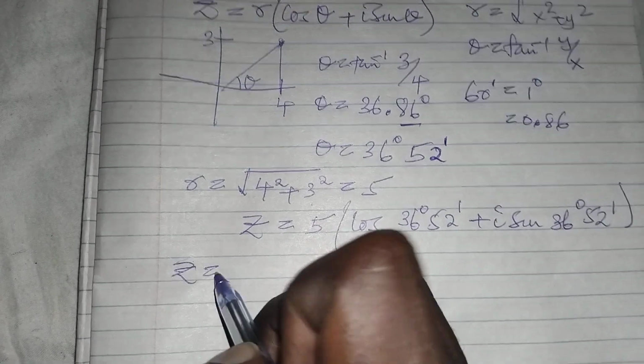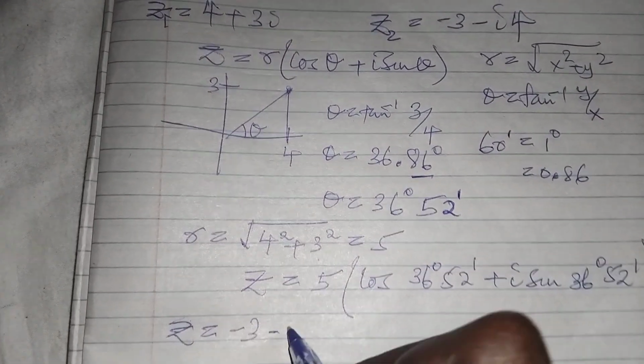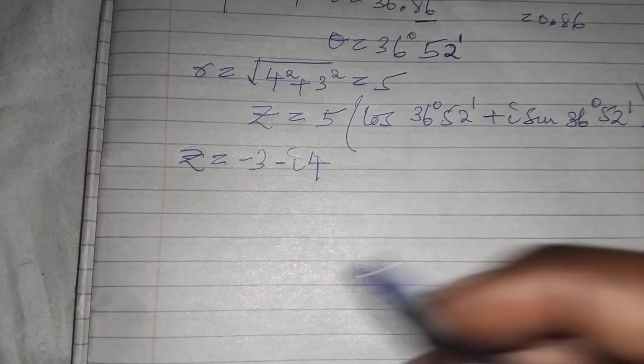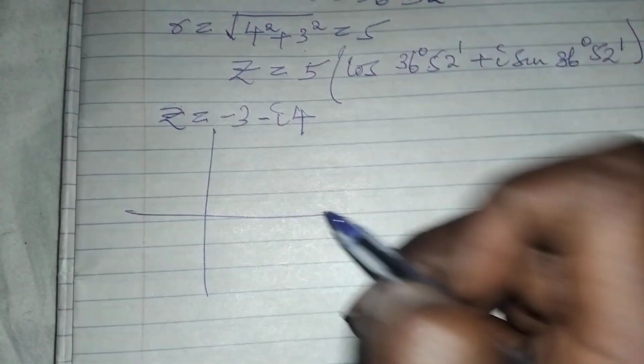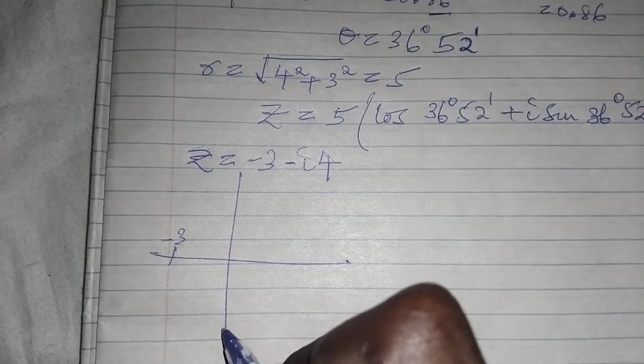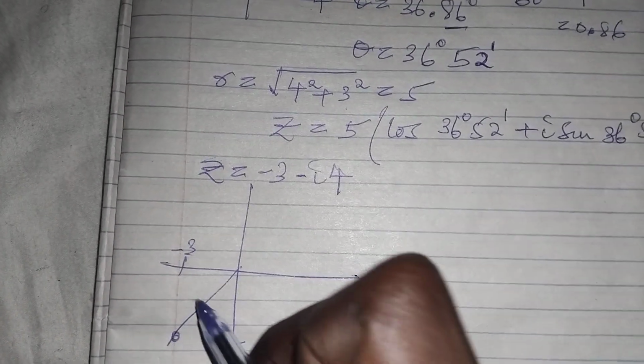So you can have the other example, whereby z is equal to negative 3 minus 4i. Here again, sketch. The real part is negative 3, the imaginary part is negative 4. So you have your vector r here.